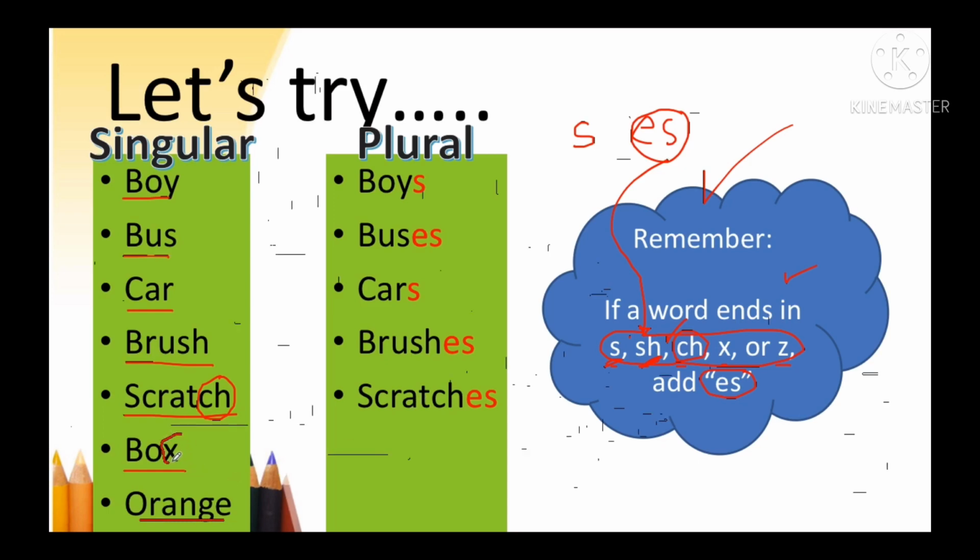We have X as the letter at the end of the word. So, instead of only S, we will put ES. Boxes. And for the last one, we have orange. The last letter is E, and E is not part here. So, we will just add S. Oranges. Okay? So I hope you learned something.